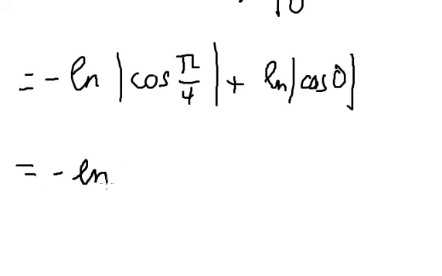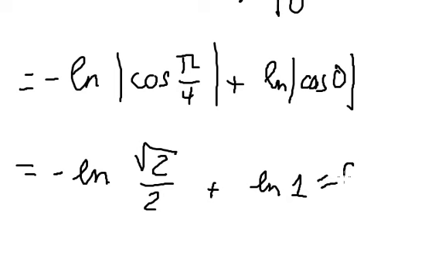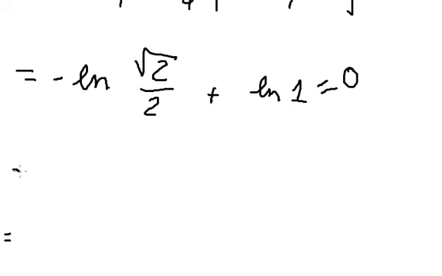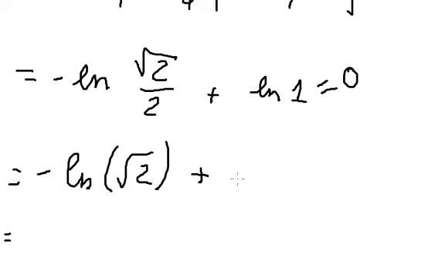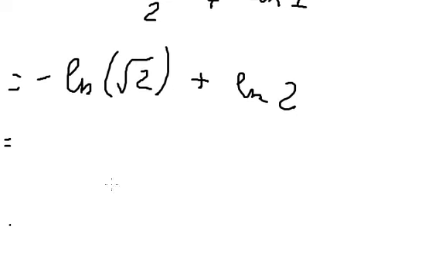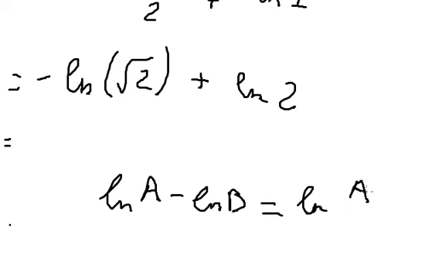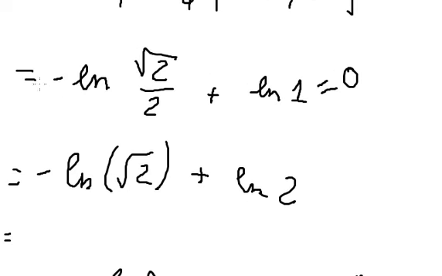For this one, we have the square root of 2 over 2. This one you have ln 1, you get 0 in here. So for this one, I can write like this, because I just apply the formula ln A minus ln B equal to ln of A over B. But we have a negative sign in here. That's why you get negative and positive in here.